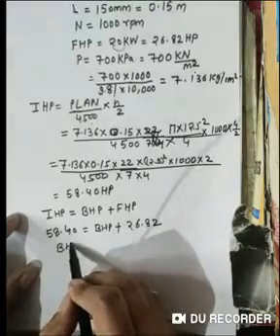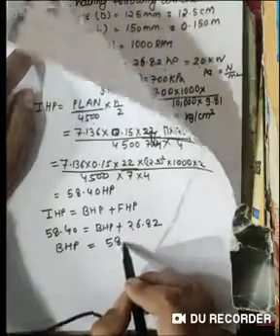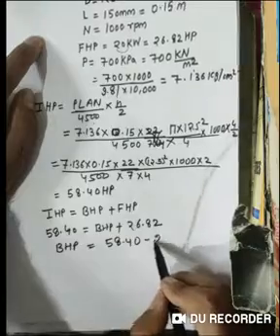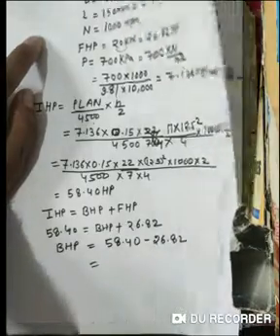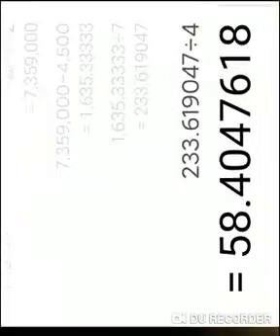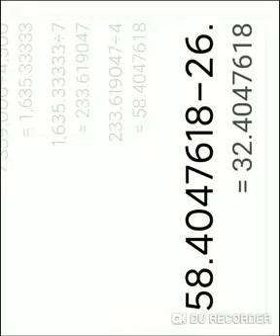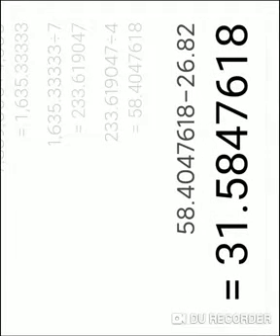So BHP is equal to 58.40, transferred to here, minus 26.82. We have to subtract it, so your answer is 31.58 HP.